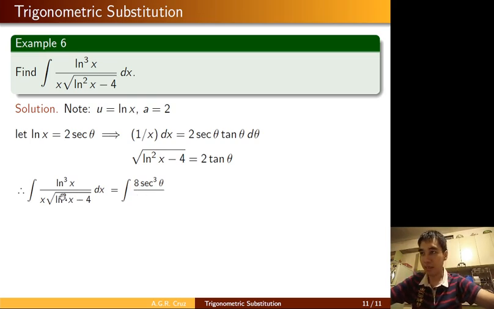And then divided by this radical expression, square root of ln squared x minus 4, that's equal to tangent theta times 2. Okay? So this one is now 2 tangent theta. Okay, so that's okay. The dx over x is just of course 1 over x dx. And 1 over x dx is equal to this one in terms of theta.